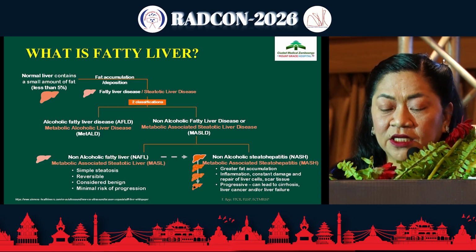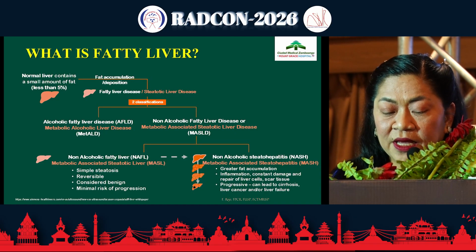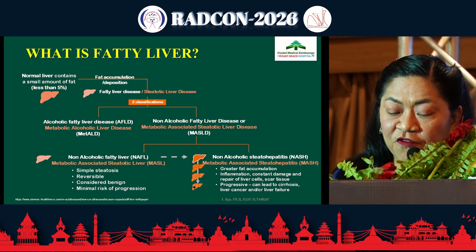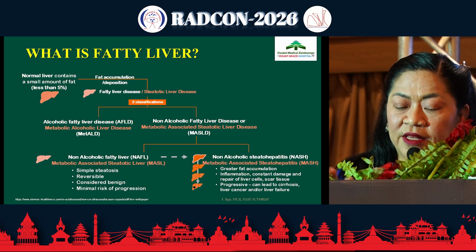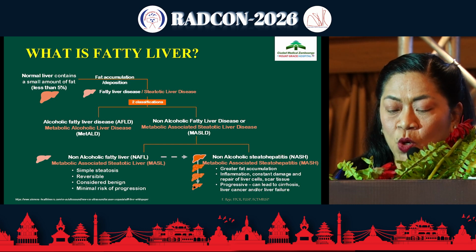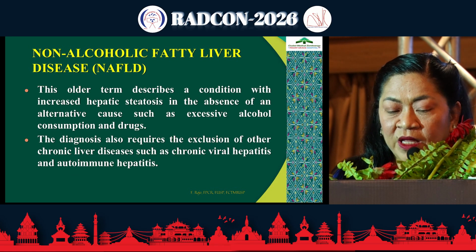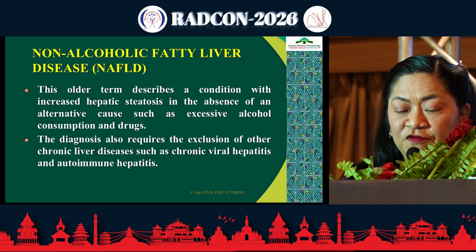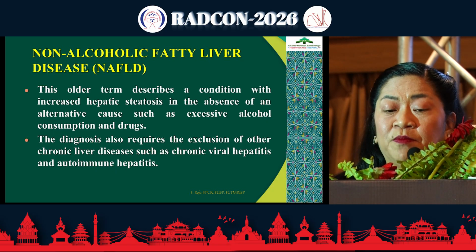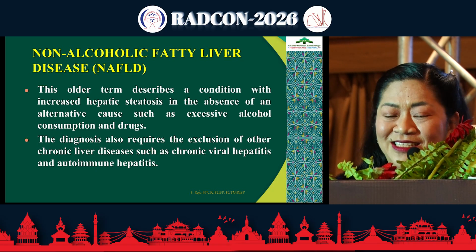The non-alcoholic fatty liver disease, NAFLD, that's just the old name, can be divided into metabolic associated steatotic liver, which is the benign one, the simple fatty liver, or if you have steatohepatitis. So again, non-alcoholic fatty liver disease was the old term. We need to know this because the GI might be using already the new terms now for our clinicians.